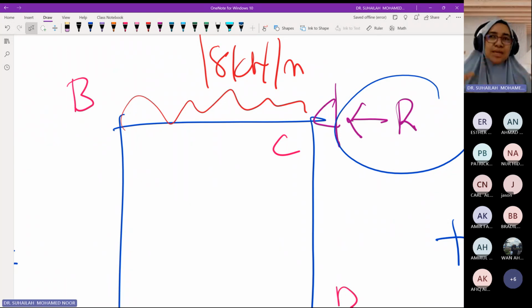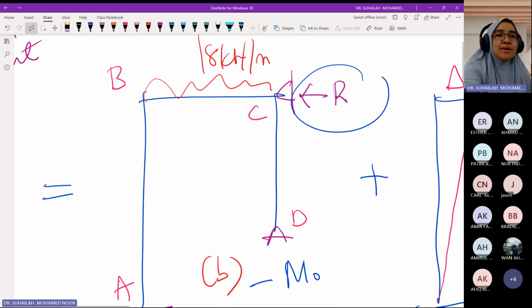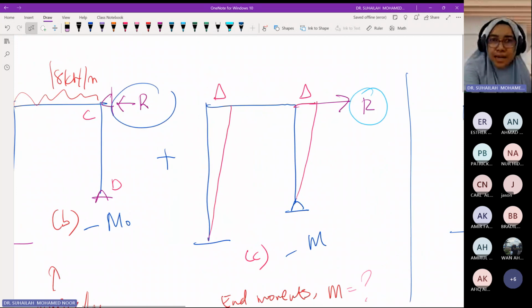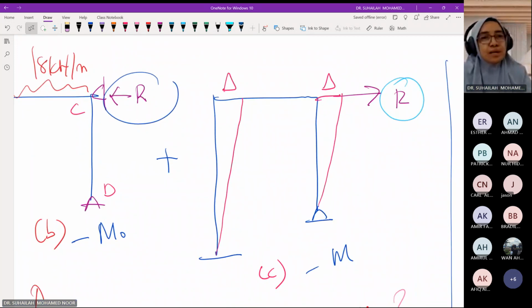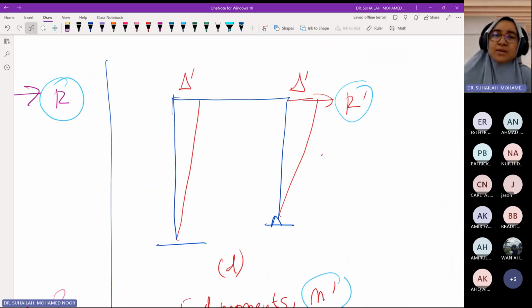Sebab R tu yang push balik frame tu supaya frame tu jadi straight balik. Tu yang jadi properly restrained bila kita letak R ni. Okay, and in opposite of this R adalah ke kanan. Jadi R ni yang kita analyse dekat diagram D ni, dia ke kanan lah. Dia tak boleh assume dia ke kiri. Do you get what I mean?